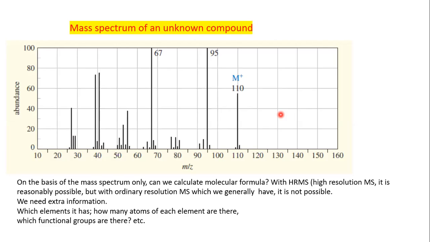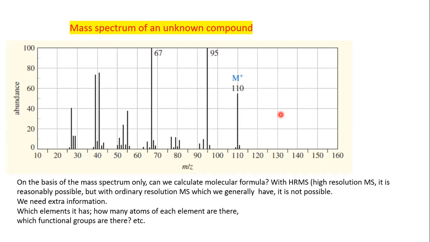Nowadays, we have another type of mass spectrometry that is known as high resolution mass spectrometry, or HRMS. On the basis of that, taking into account all the isotopic masses, it is reasonably possible that from a high resolution mass spectrum, we predict the molecular formula of a compound.